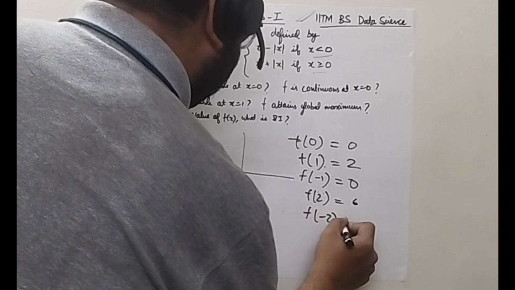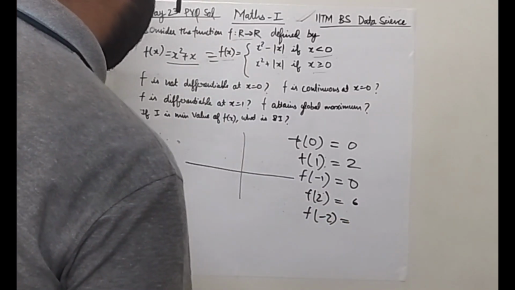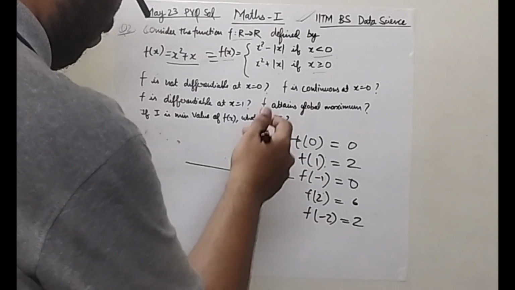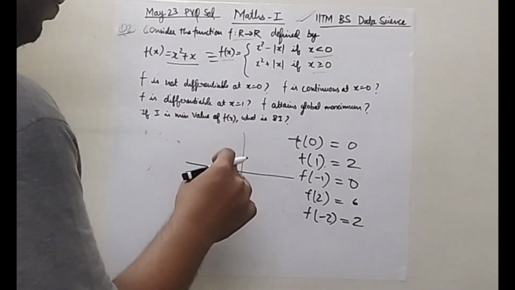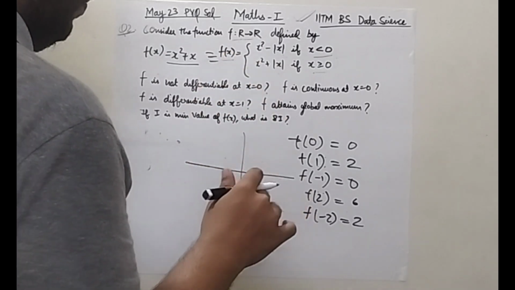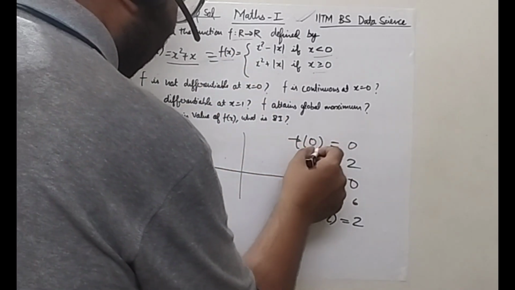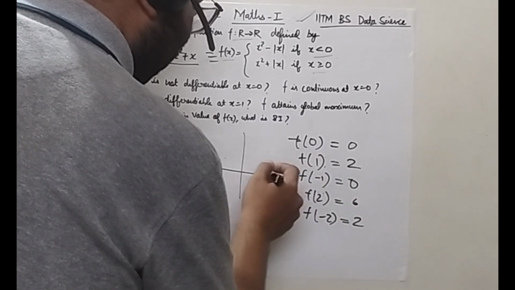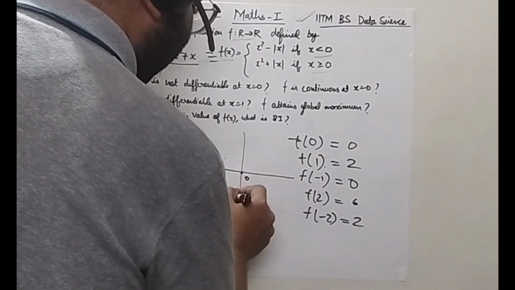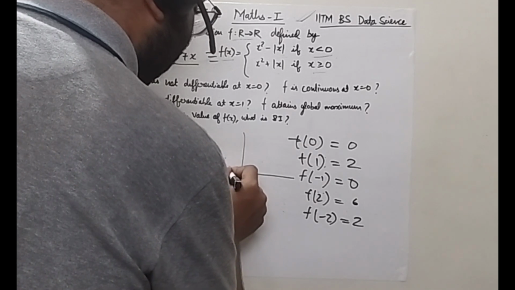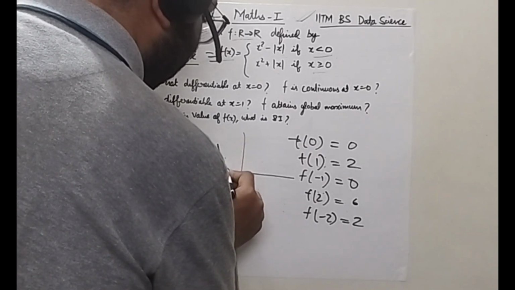At x equals minus 2, it is 2. So you will get a fair idea of how it will look, and since it has x square, it will be a parabola. At x equals 0 it is 0, and at x equals minus 1 it is 0. So its shape will be something like that.